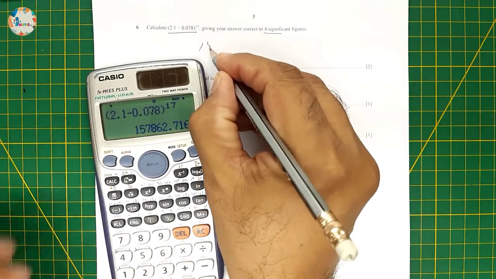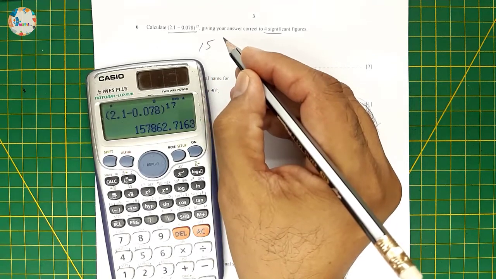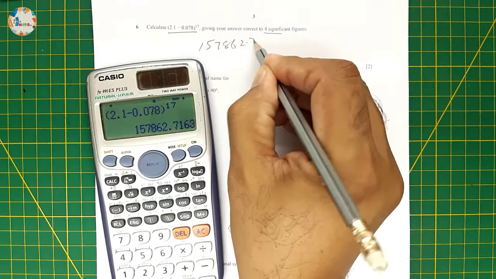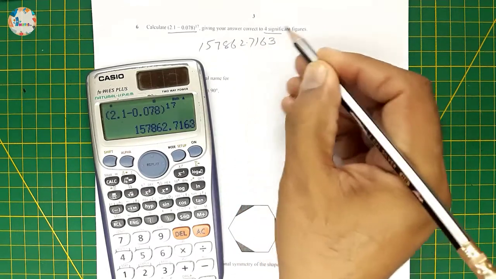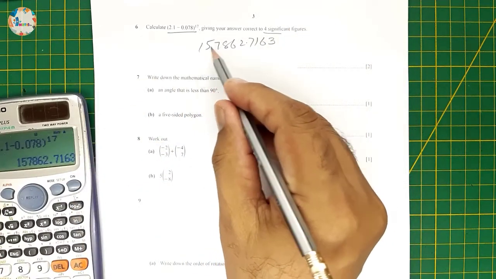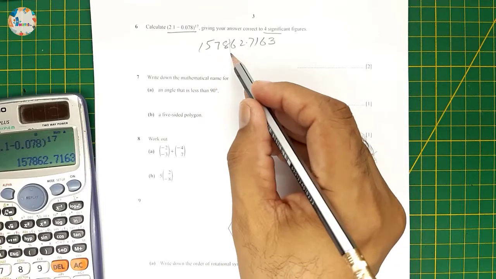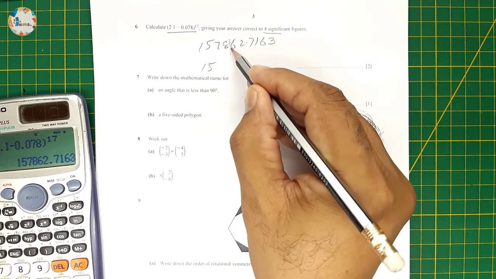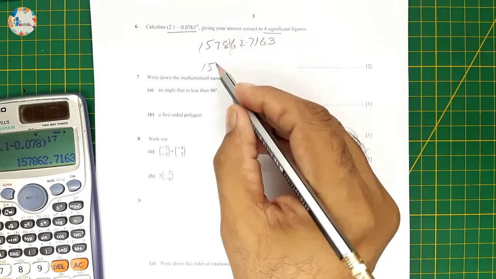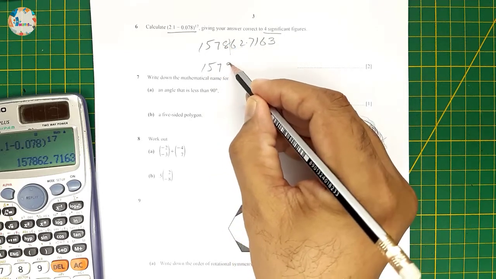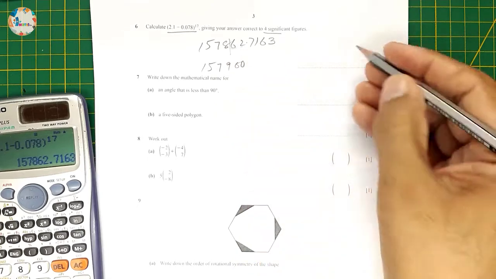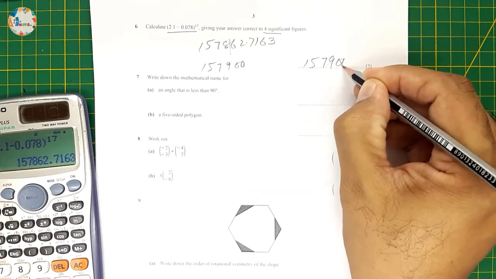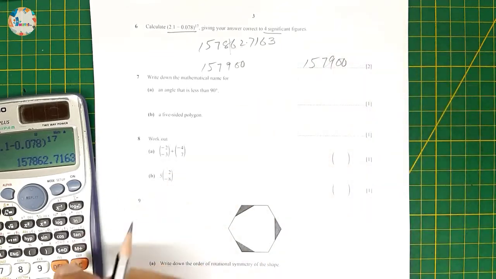So whatever we are getting on the calculator is this number, 157,862.7163, and up to 1, 2, 3, 4 numbers we want to cut from here. So this will be 1, 5, 7. The next digit is more than 5, so we will round up. So 7, 9 and 0, 0. This will be our answer, 157900. This will be our final answer.